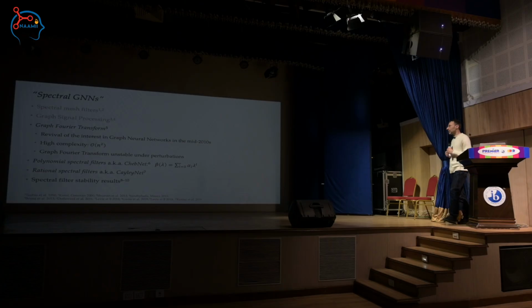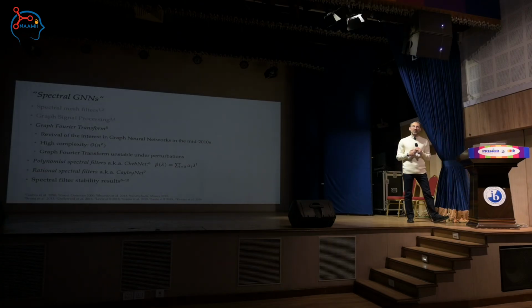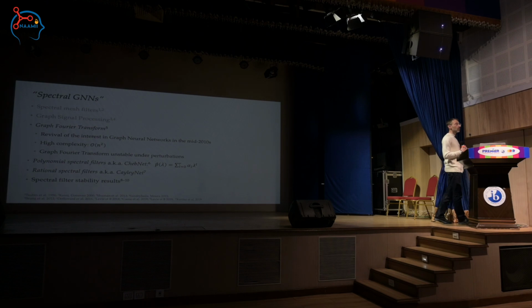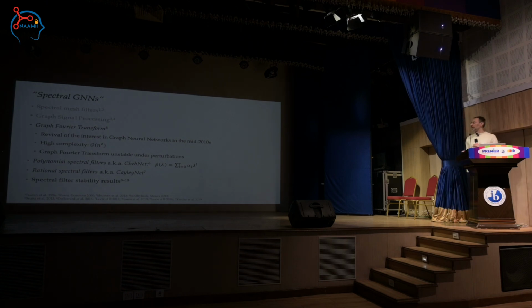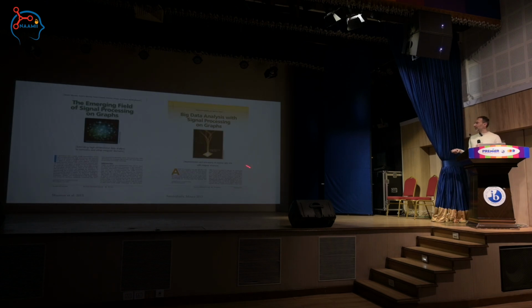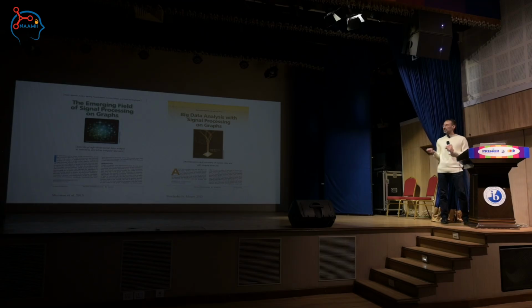Some of the earliest GNN architectures were based on the notion of the graph Fourier transform. You can find some seminal papers in this field from the group of Pierre Vandergheynst at EPFL, in particular about the field of signal processing on graphs, that appeared in 2013.